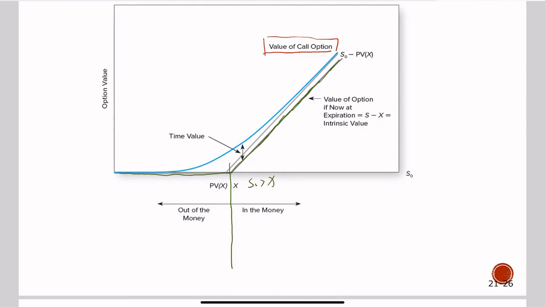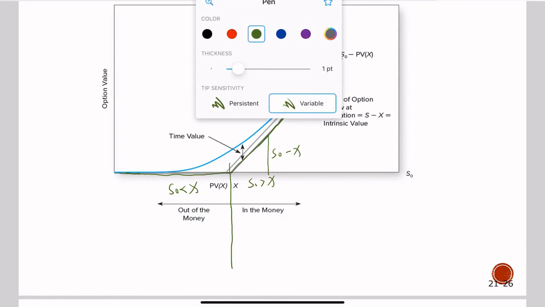So if you exercise the call immediately, you will get this intrinsic value, which is exactly S minus X. And on the left hand side, if the stock price is smaller than the exercise price, you will not exercise the call, and in this case the intrinsic value is just 0.